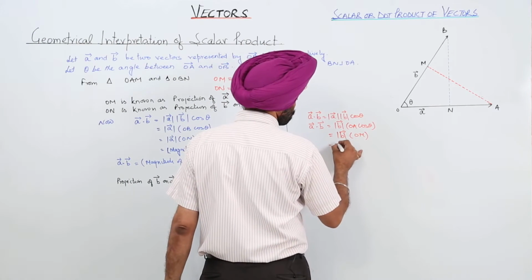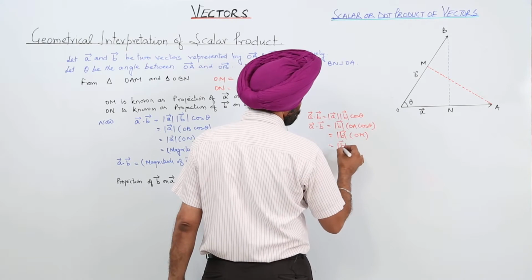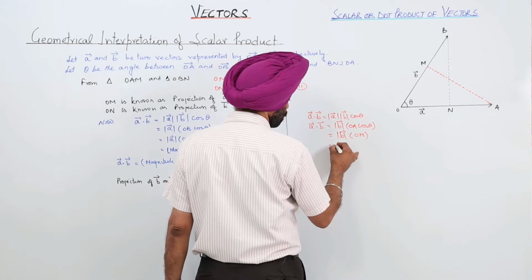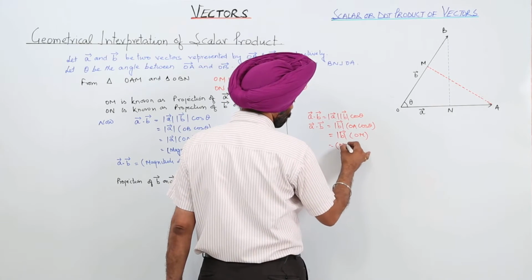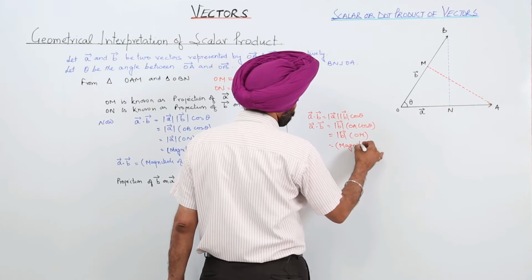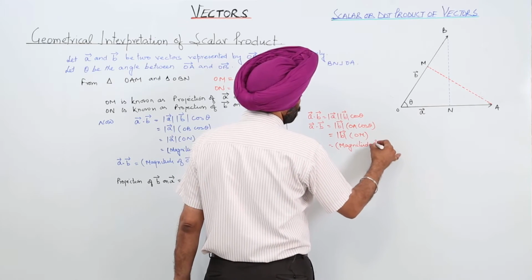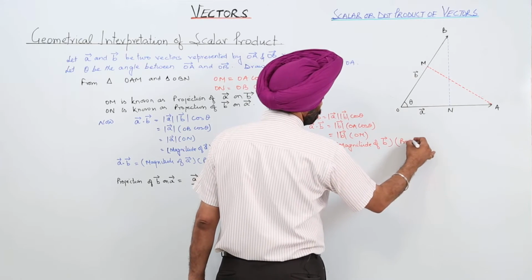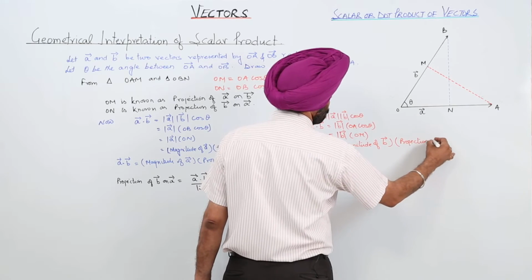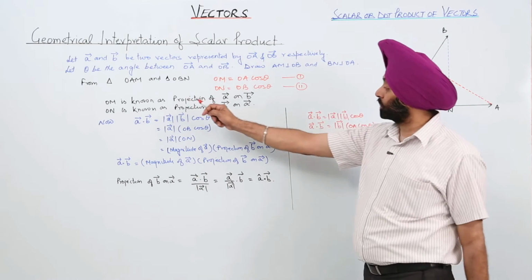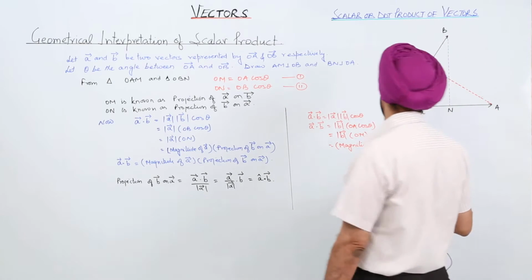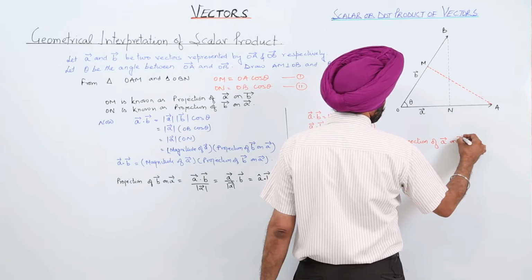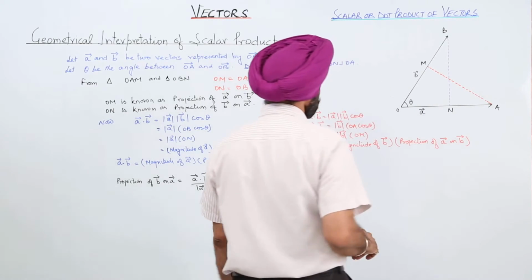I am just writing it directly: magnitude of B with the projection of OM. Once again, OM is known as the projection of vector A on vector B. Is it clear?